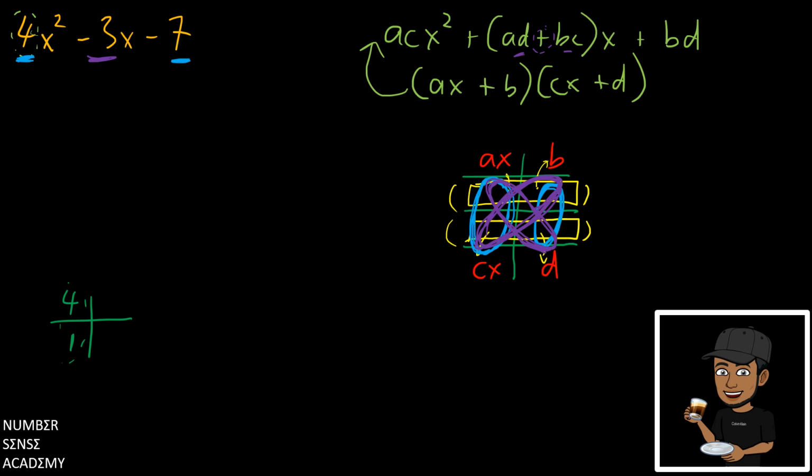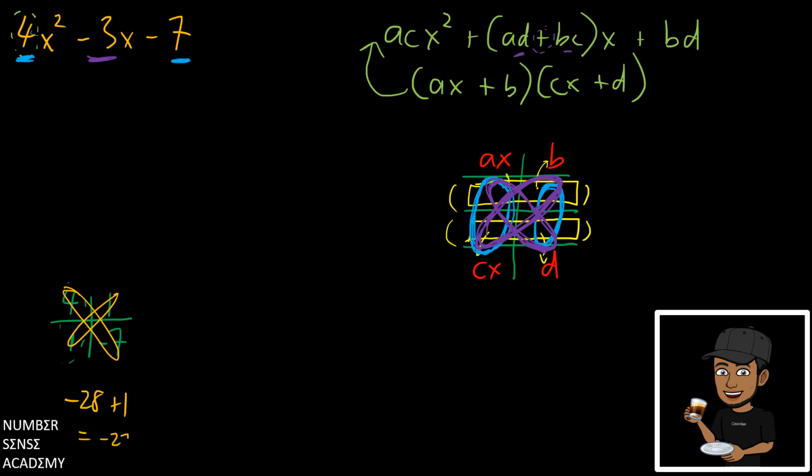Then I need two numbers that multiply to -7, and one of them has to be negative and one has to be positive. So I'm going to start with 1 and -7. Remember, if I cross multiply and add, I should end up with -3. So what do I have? I have 4 times -7, which is -28. Then I have 1 times 1, which is 1.